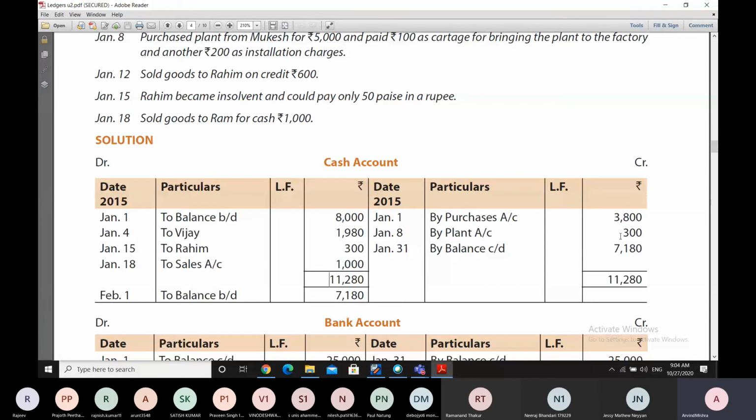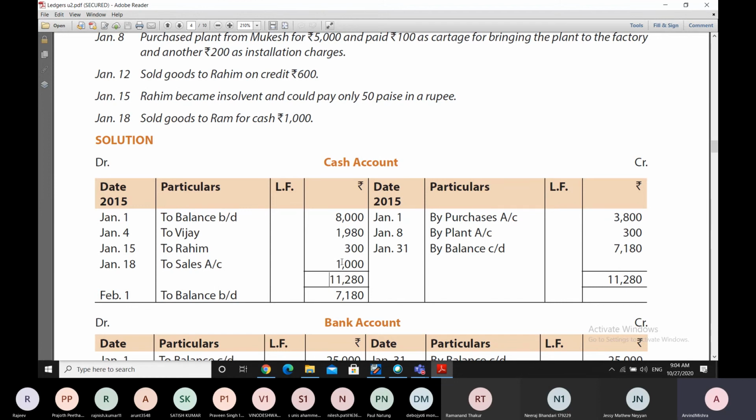As you can see here, 3,800 plus 300, which is 4,100. On this side is 11,280. So the balance of the two sides is 7180, which we are writing here as balance carried down 7180.